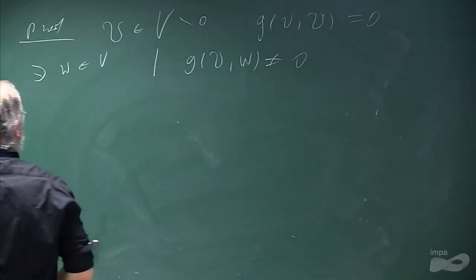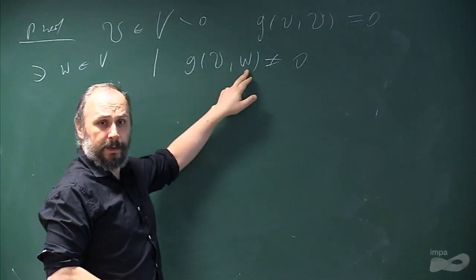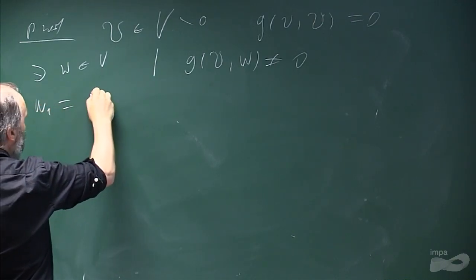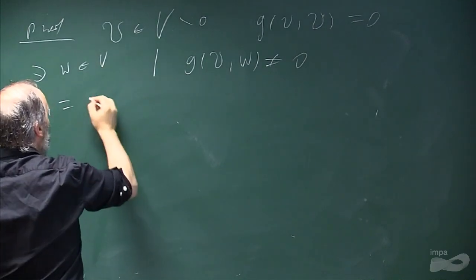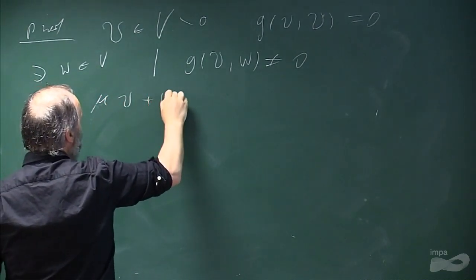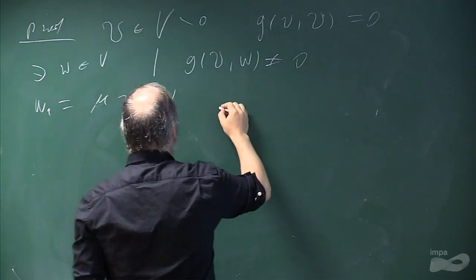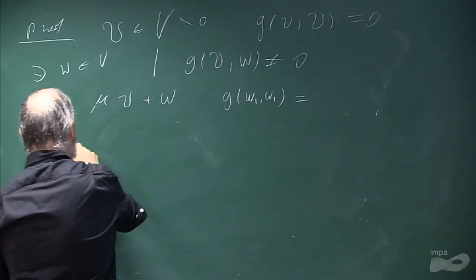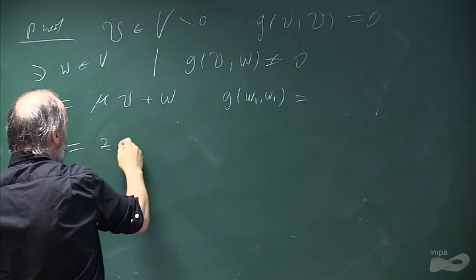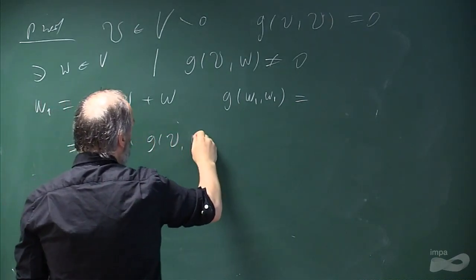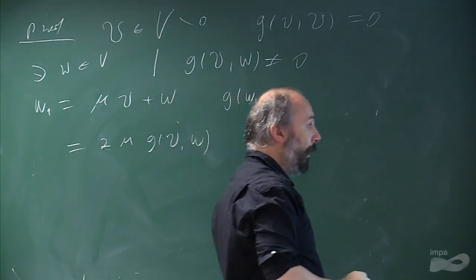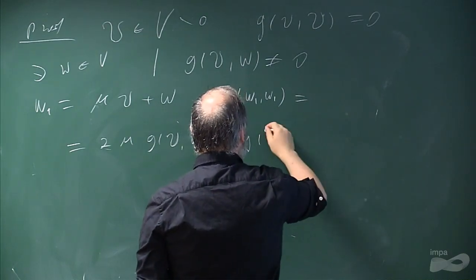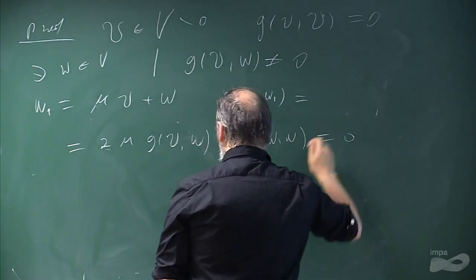First, I want to make w square 0. So I write w1 equal to v plus mu w. I want g of w1, w1, which is equal to 2 mu g of vw plus g of ww, to be 0.